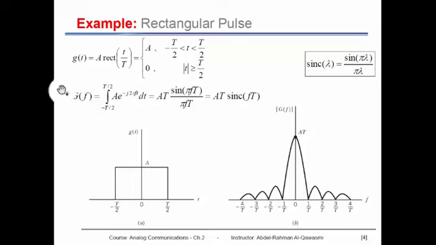Using the Fourier transform for the rectangular pulse, we use the first equation of the transform pair.